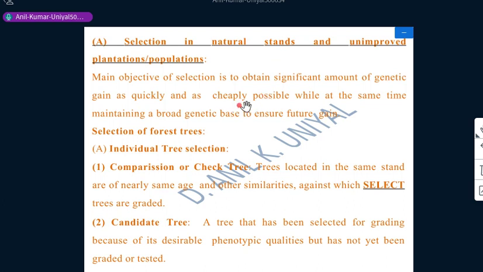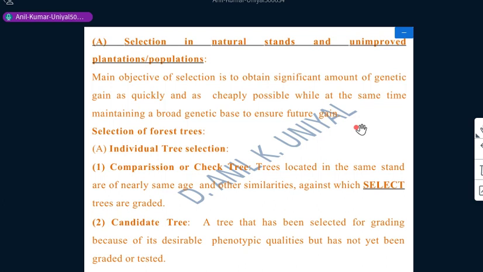The main objective of selection is to obtain a significant amount of genetic gain as quickly and as cheaply as possible from such stands, while at the same time maintaining a broad genetic base to ensure future gains from these selections or collections.